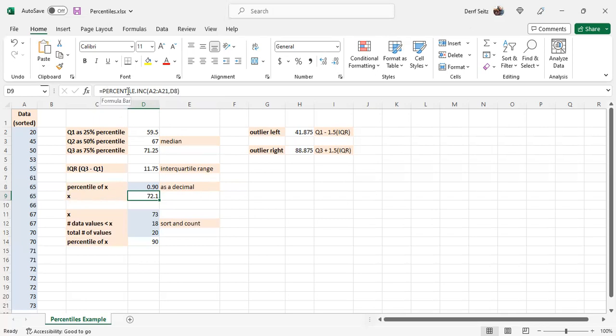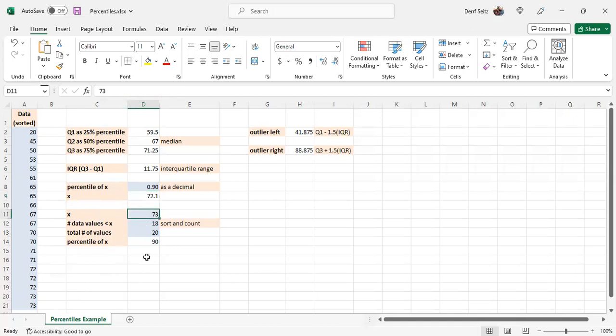It's the PERCENTILE.INC function. There's your data, and D8 here has to be the percentage you're looking for, 90, and the answer that comes out is 72.1. 72.1 is between 72 and 73, so that's the cutoff for the 90th percentile for this data set, which means 90% of the data lies below that cutoff point.